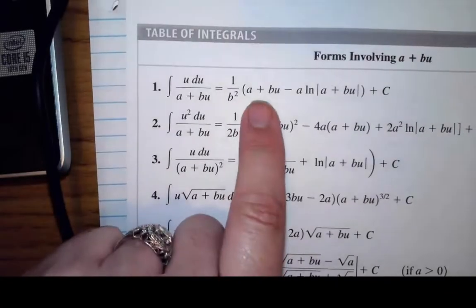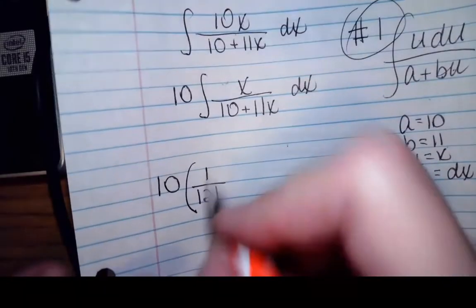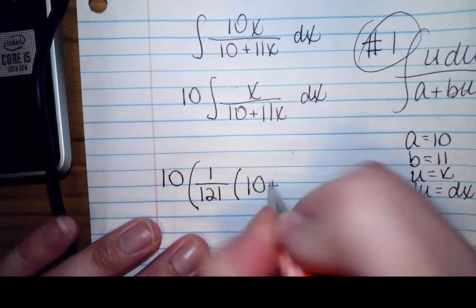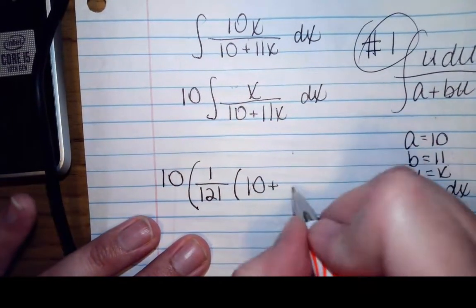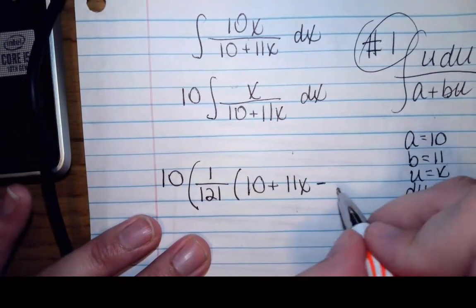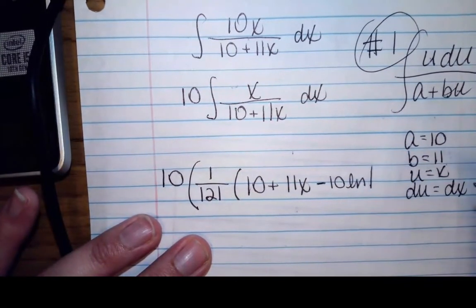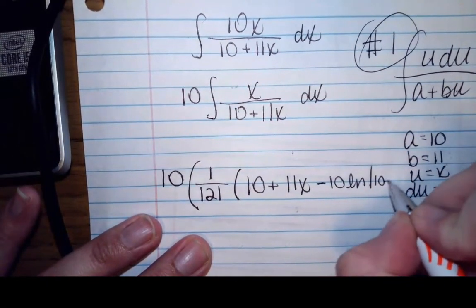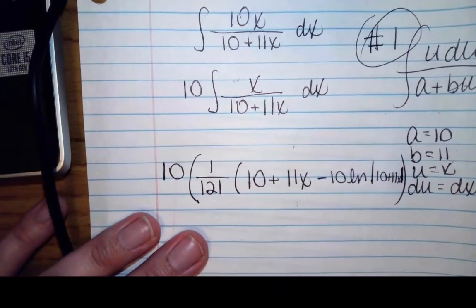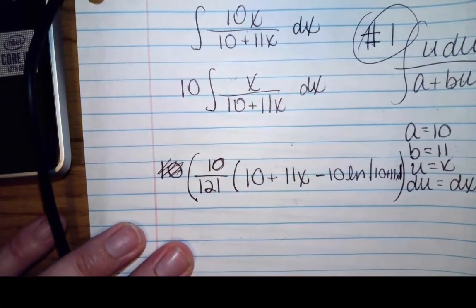Okay, times a plus bu. So all I'm doing is following this along. So a plus bu is going to be, a is 10, plus bu is 11x, okay, minus a, which is 10, times the natural log of a plus bu, which is 10 plus 11x, and then plus capital C. Okay, so just to simplify things, I could write the 10 on top there.